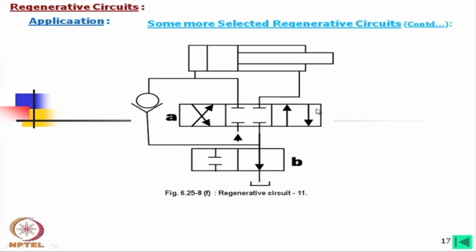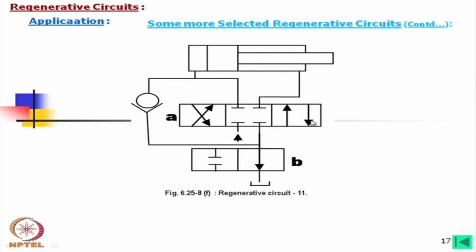Now, we have connected this and we have operated also this valve. In that case, the oil is going like this, oil cannot come back to the tank and it is being mixed. So, regenerative.